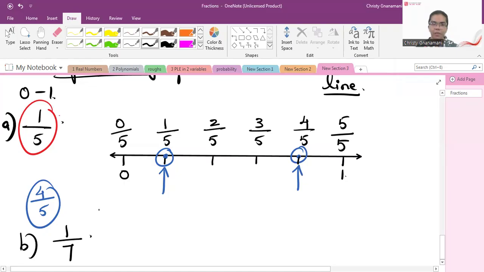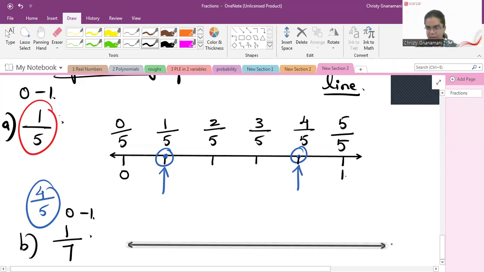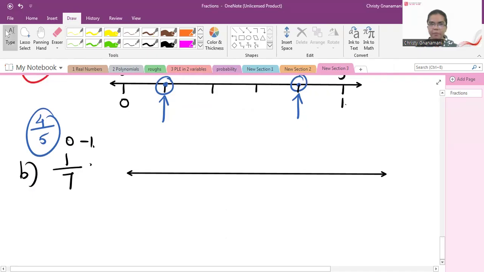And remember, this is also a proper fraction, so its value lies between 0 and 1. So how will you draw the number line? The value lies between 0 and 1. So 0 should be your first number, and 1 is your last one. And it has to be divided into 7 equal parts.